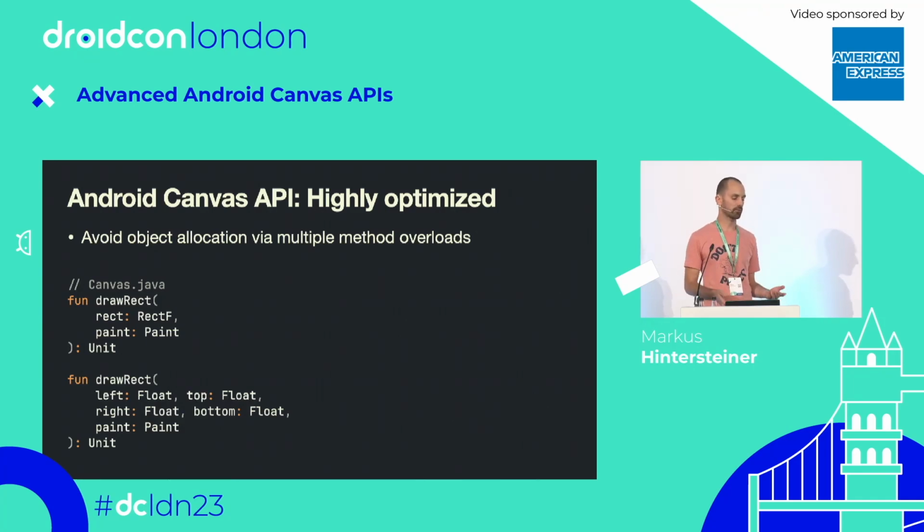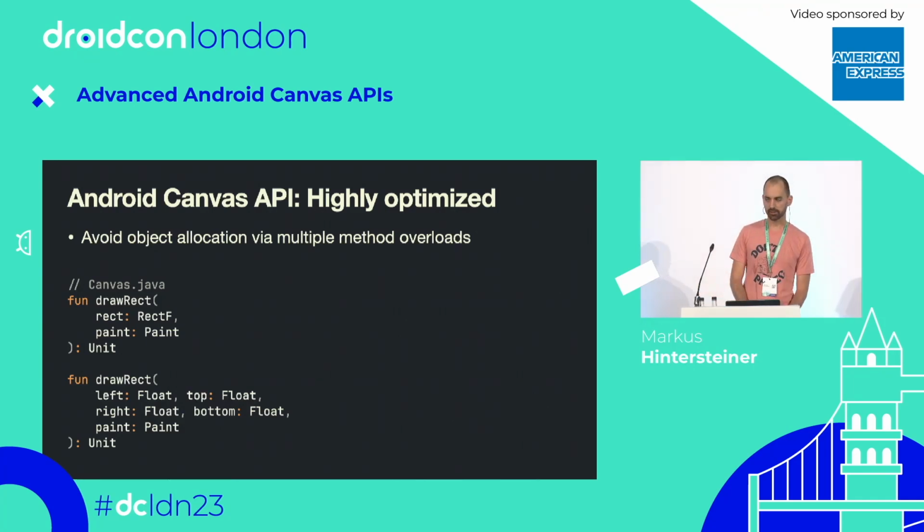So here we have canvas.drawRect, and then there's an overloaded method, which instead of taking a rectangle object, just takes the raw pixel coordinates. This can be useful in a situation where you manually calculate the x and y coordinates and have them as variables, so there's no need to wrap them inside a rect.